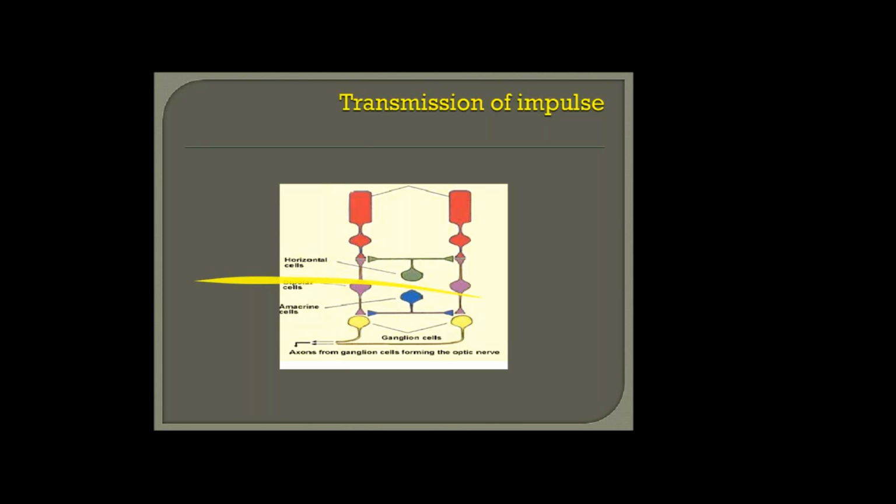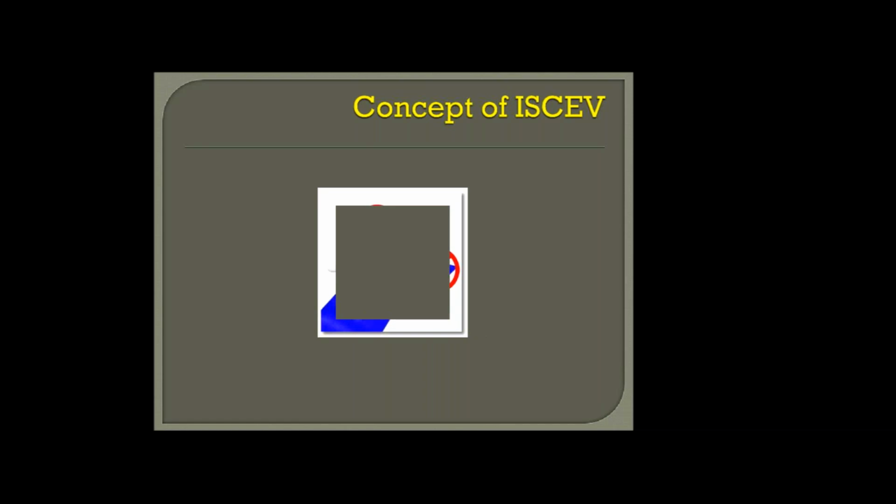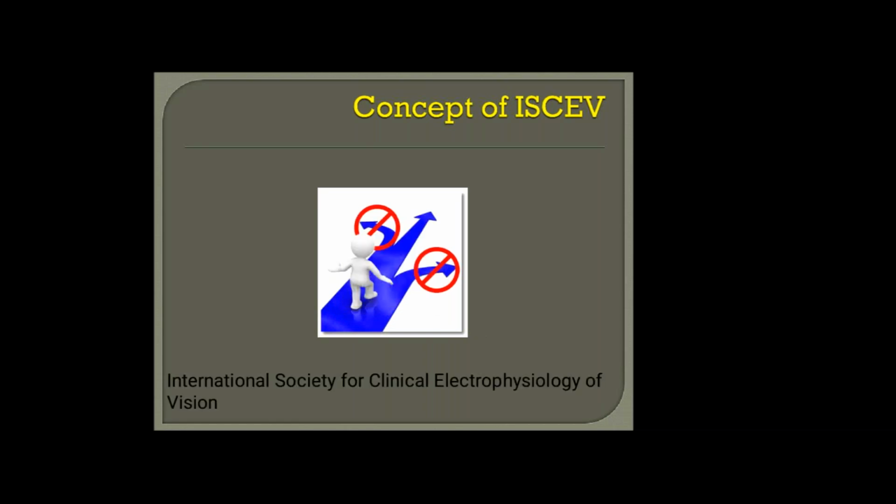So we have a universal network known as ISCEV, the International Society for Clinical Electrophysiology of Vision. It helps you to suggest which test to choose. If the pathology is in the retina and you are quite confirmed, you can proceed to perform an ERG.